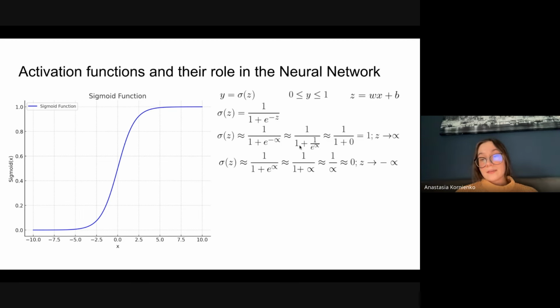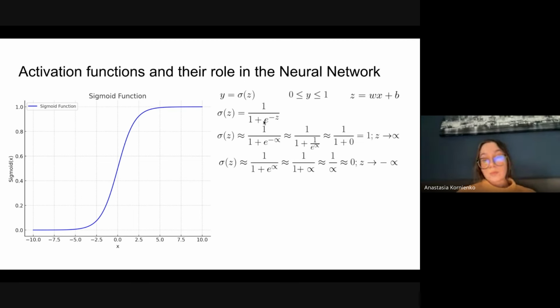That is 1 divided by 1 plus almost zero, approximately 1 divided by 1, which is 1. And the same goes for when z is a very, very small number, infinitely negative. Then it's 1 divided by infinity, which is approximately 0. So this is how it works.